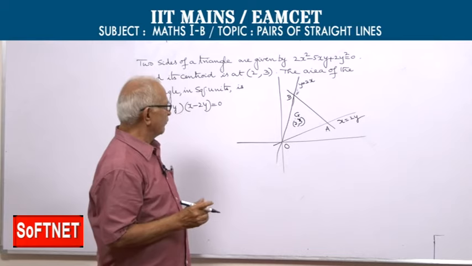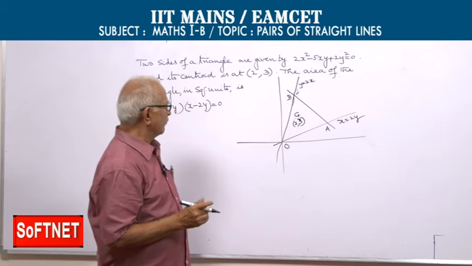First of all, this is 2x minus y into x minus 2y equal to 0. So, these are the two lines, sides of the triangle OAB.